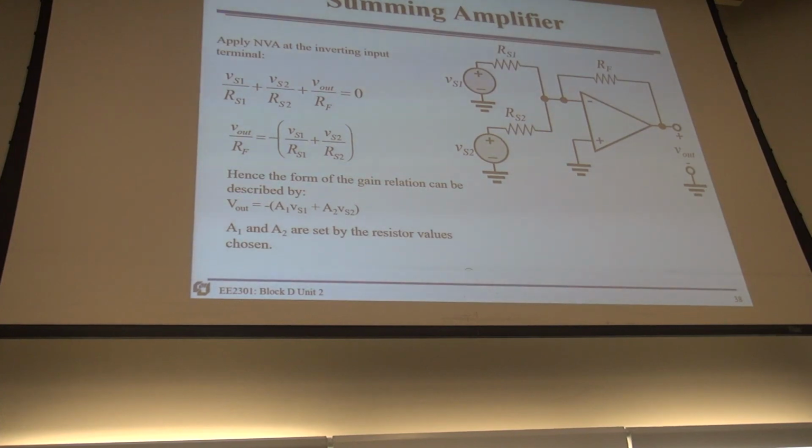Let's say one of the currents is from here, another current from here, another current from here. Added together should be 0. So there's no current flowing inside. So what we get is 2A. So this is A1 and A2 with a minus sign. Then you can add them together.